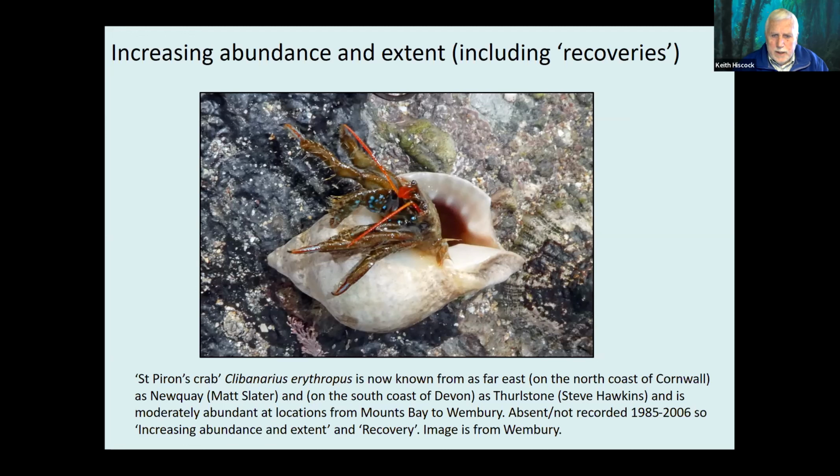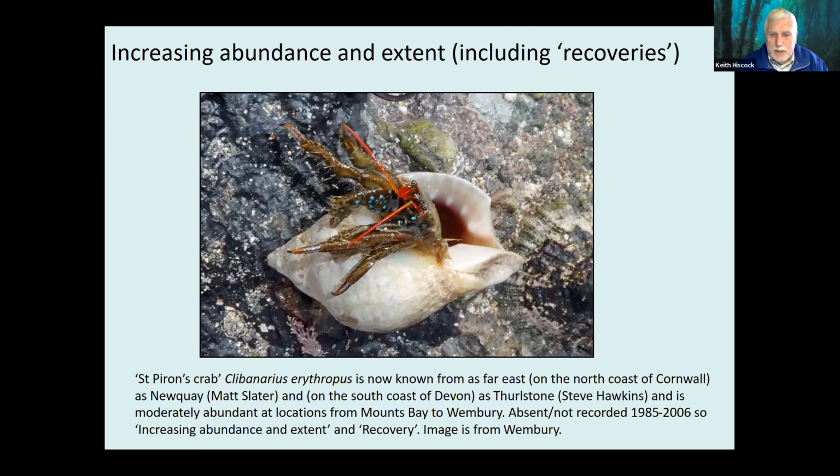It's moderately abundant at locations from Mount Batten to Wembury, but it does seem to be increasing in abundance and extent, and they have been found with eggs. So the idea is that they're probably larvae which came across from Brittany on a particularly strong, unusual current, which we know exists. These jet stream currents quite often can bring larvae across from Brittany for the species to settle in the southwest.